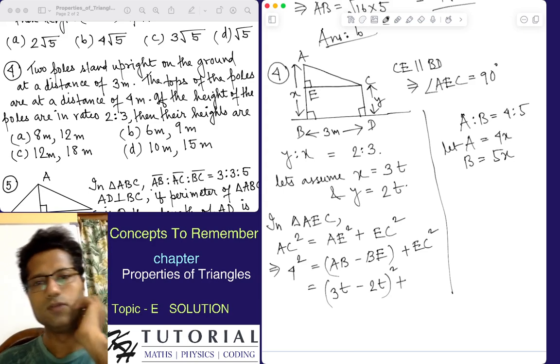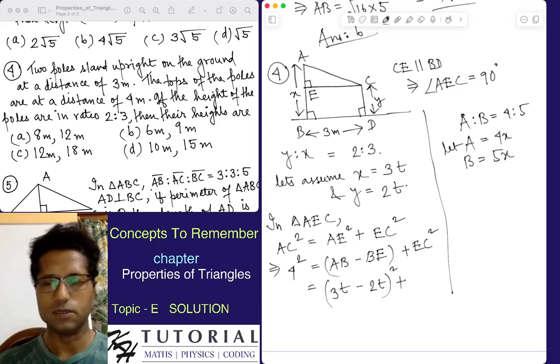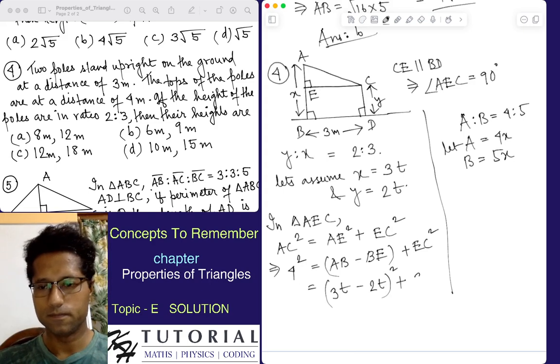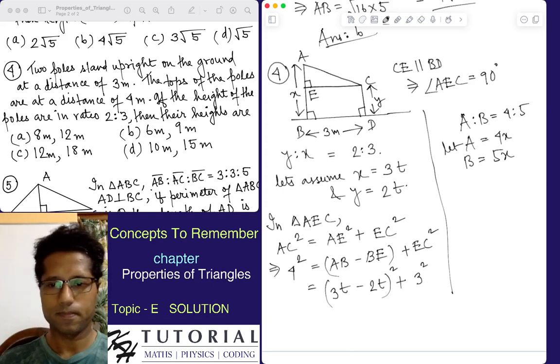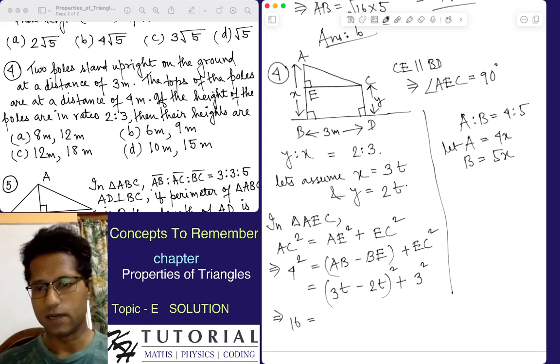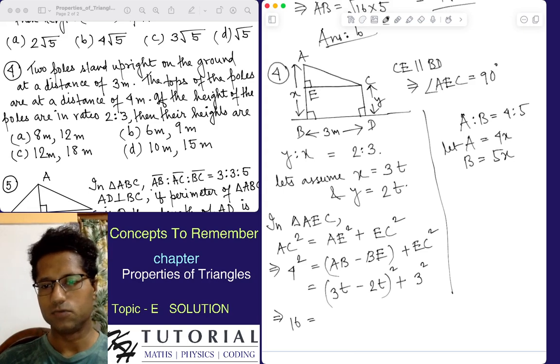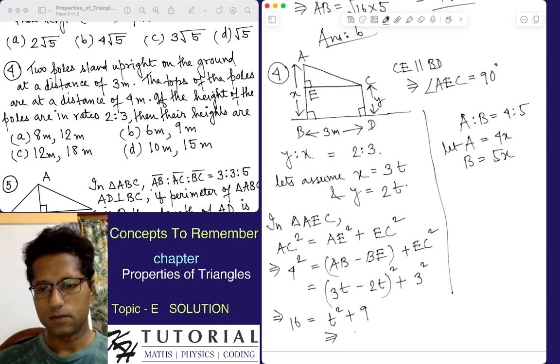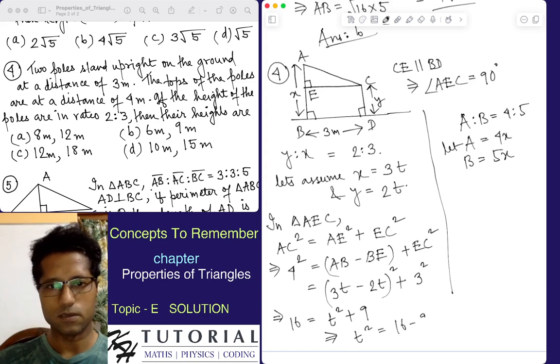EC is given to be the distance between the poles, or the distance between the feet, which is 3, so 3 square. This implies on the left hand side 4 square is 16. On the right hand side we get 3t minus 2t is t, that is t square, plus 3 square is 9. This implies t square is equal to 16 minus 9.